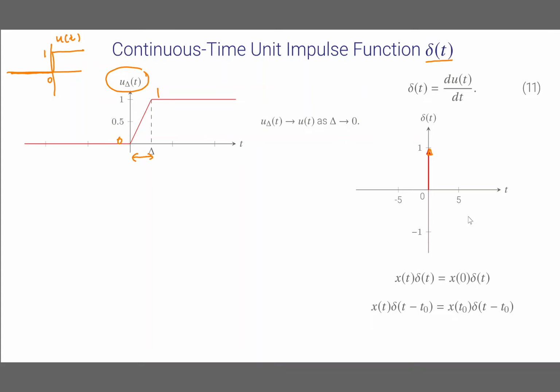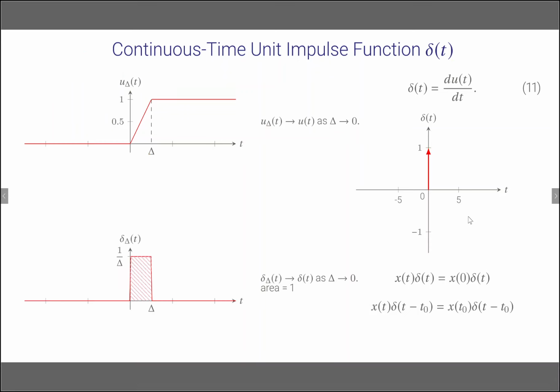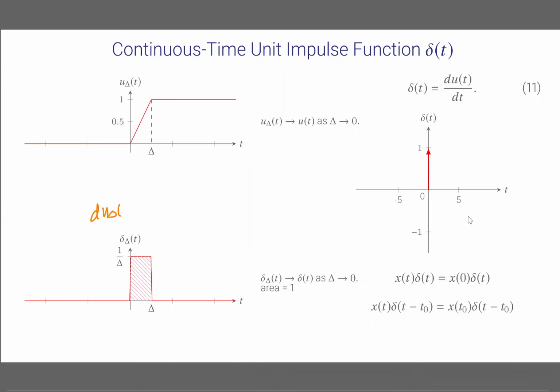Okay. So u_delta(t) approaches u(t) as delta approaches 0. Alright. Then let's consider the derivative of this. When you differentiate that, actually this is du_delta(t)/dt. That's what I want to plot here.